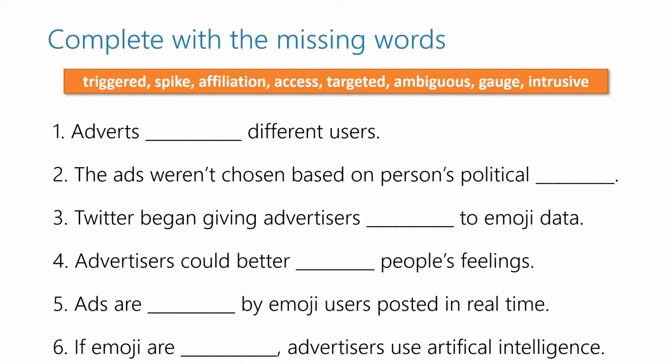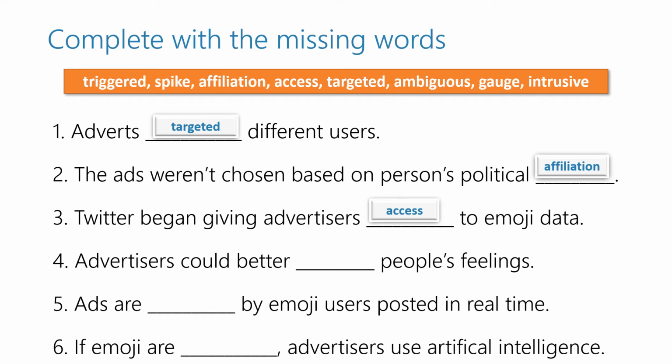Let's try. Adverts targeted different users. The ads weren't chosen based on a person's political affiliation. Twitter began giving advertisers access to emoji data.